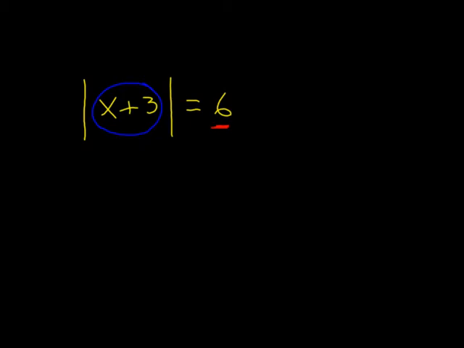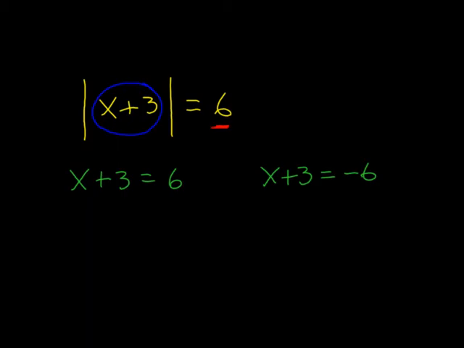And I'm going to do that with every absolute value equation that we're given. So I'm going to say, okay, x plus 3 equals 6, and x plus 3 equals -6. Now these are two fairly simple equations, so I'm just going to use my equation solving skills to solve both of these.